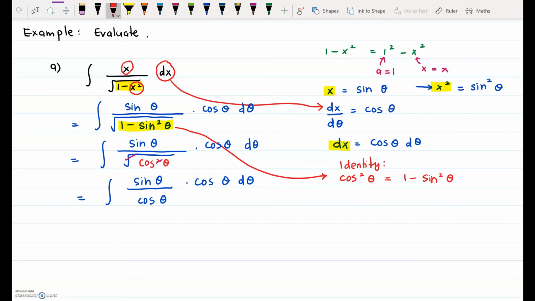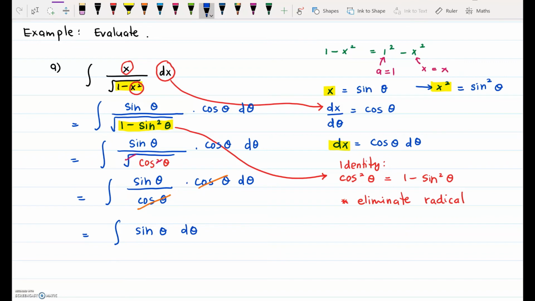Remember, we want to eliminate the radical. Alright, so next we simplify the function: the cos cancels, and the remaining function that we have to integrate is only sine theta d theta.